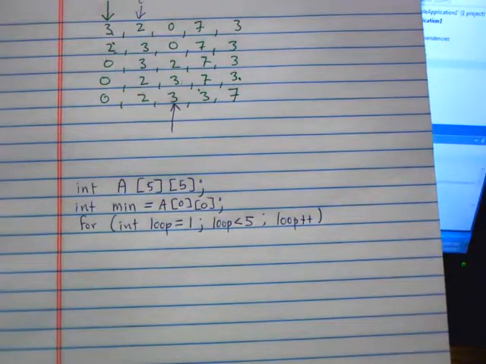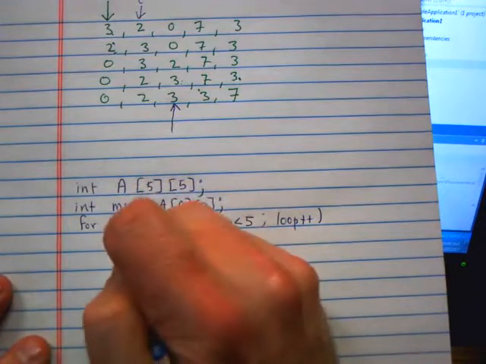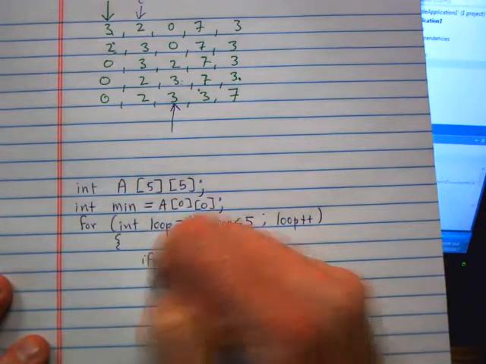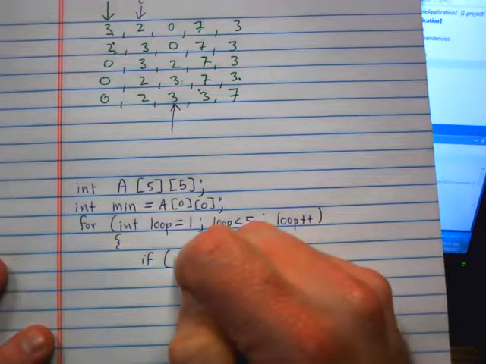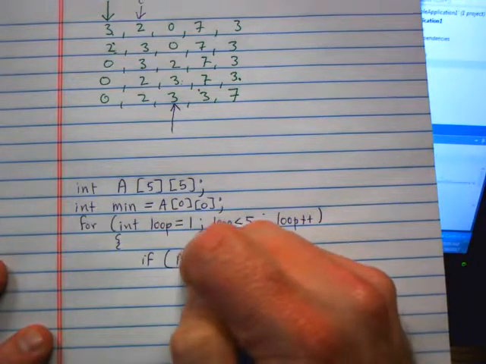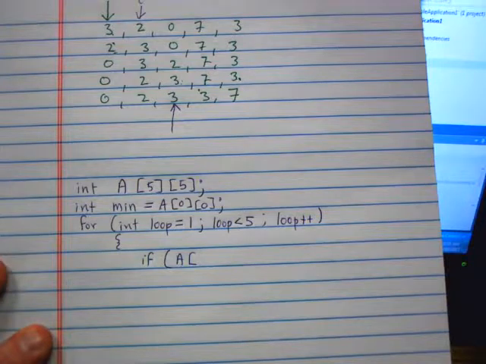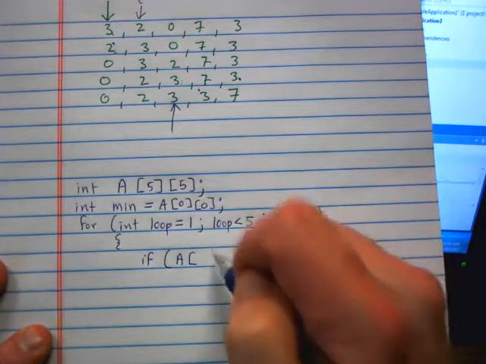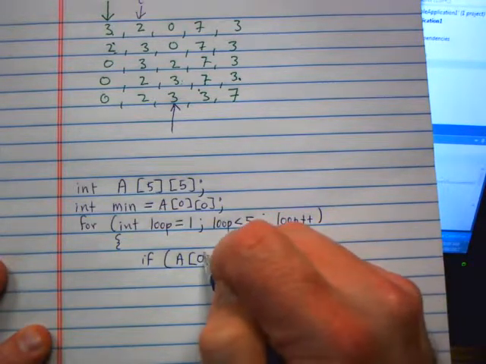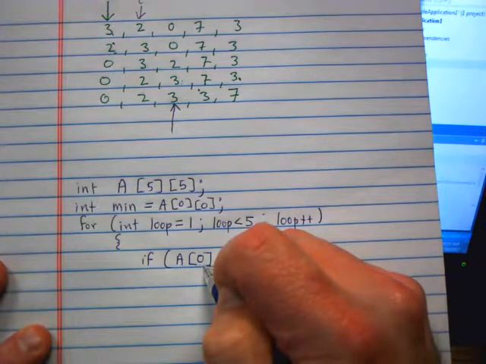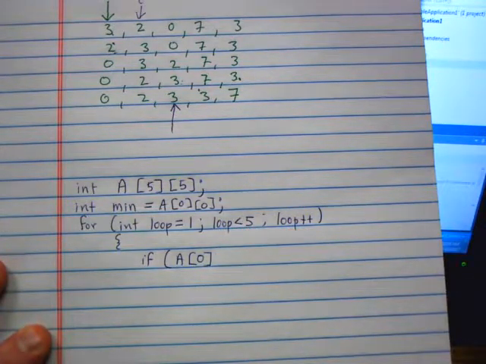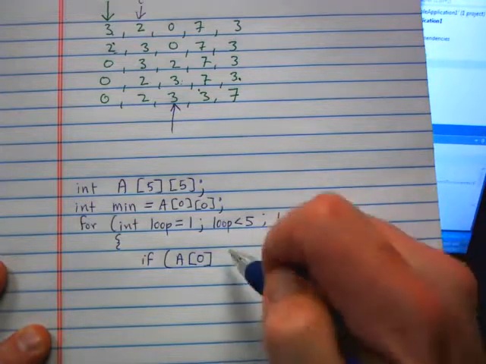All right, then what do we need to happen inside our loop? An if. If what? Oh no, if min.